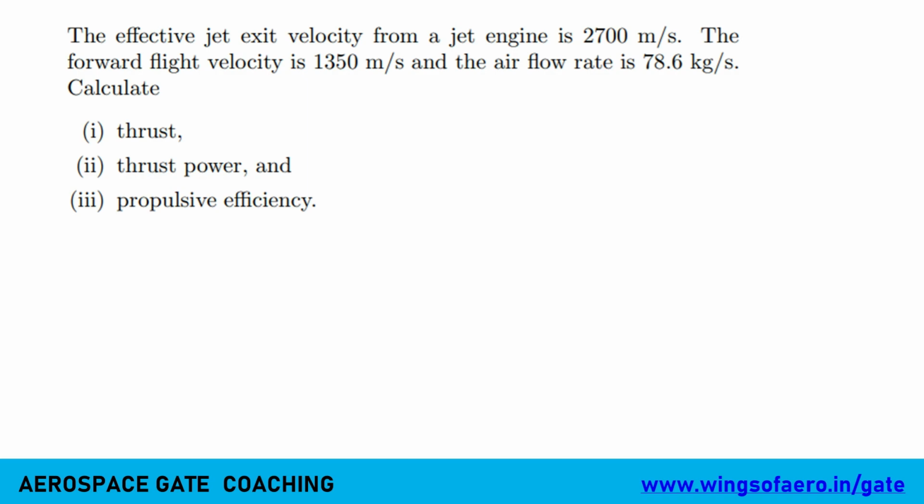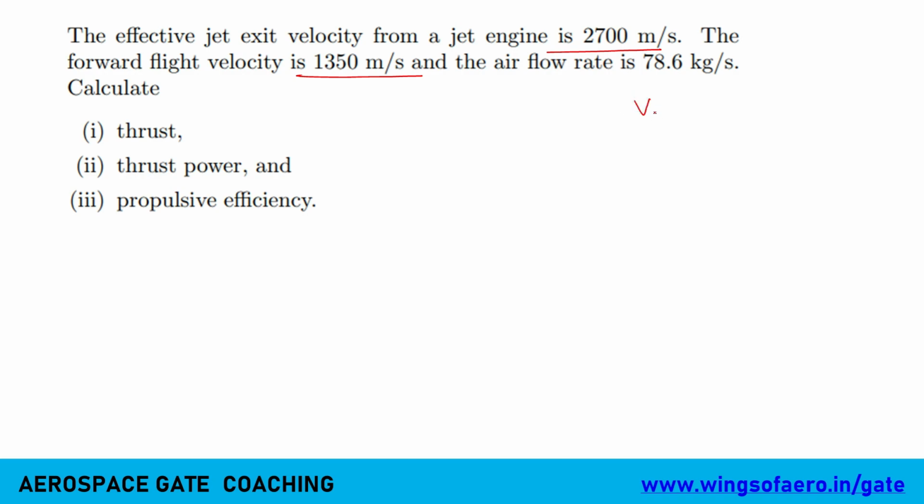Now before starting this question, you have to identify the given data. Now you tell me the given data. Ma'am, jet exit velocity VE is given. The forward flight velocity is 1350 meter per second.